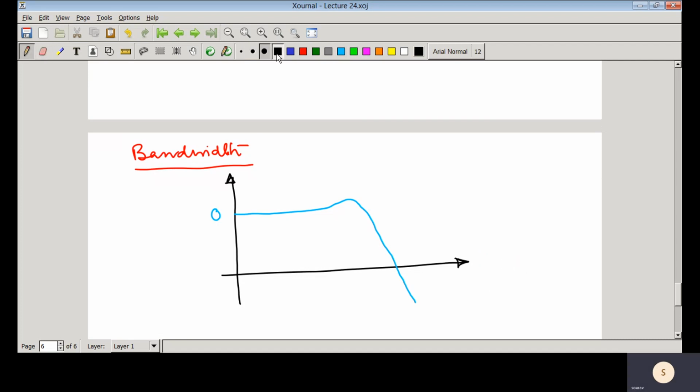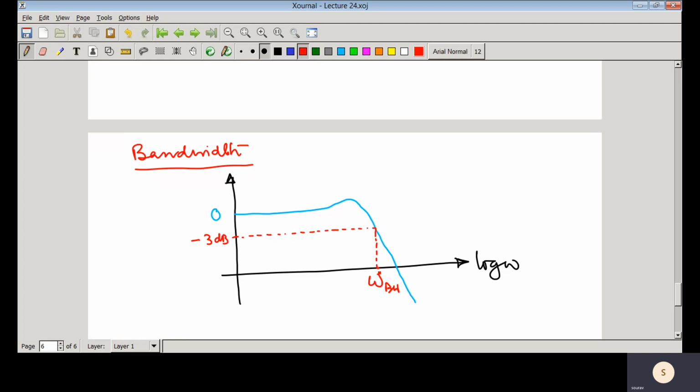Now what happens if we take a particular value? Suppose this is -3 dB, that is 20 log 1 by root 2. If we draw this line here, then this is that frequency.